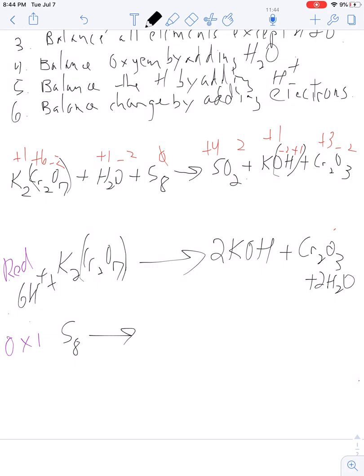Okay, so if I have 6 positive charges here, now in these early reactions, the number of electrons and hydrogens will probably be the same, but that's coincidence. The number of electrons and hydrogens do not have to be the same. But in order to balance my charge out, because there's no charge on this side, there is 0 charge on that side. So that means I must have 0 charge on this side, so I'm going to add 6 electrons to this side. Okay? So the 6 negative charges cancels with the 6 H pluses. Okay?